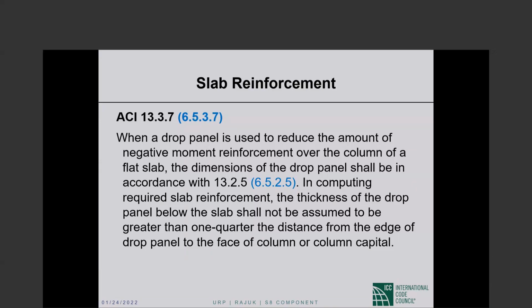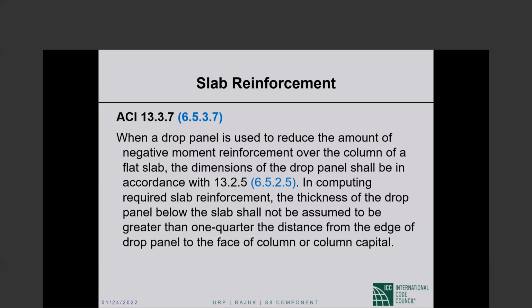What sticks out below the slab cannot be any less than 1/4 the thickness of the slab. If you have more than 1/4, then this is saying that you will ignore the remainder. So the thickness of the drop panel below the slab shall not be assumed to be greater than 1/4 the distance from the edge of the drop panel to the face of column or column capital.